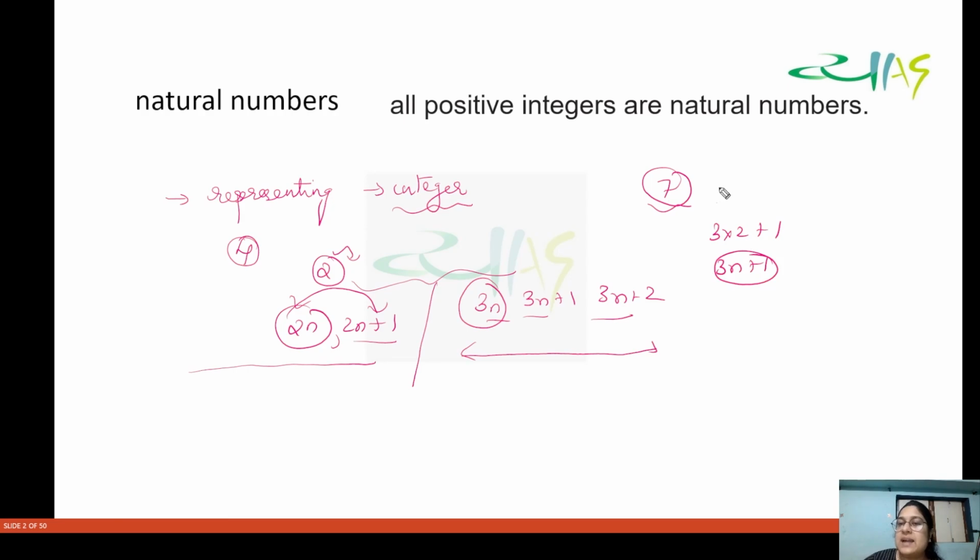That means whenever we divide 7 by 3, the remainder is going to be 1. This one is the remainder. When we see the remainder theorem, that will become much more clear to all of you. But I think this much concept must be clear for all of you.